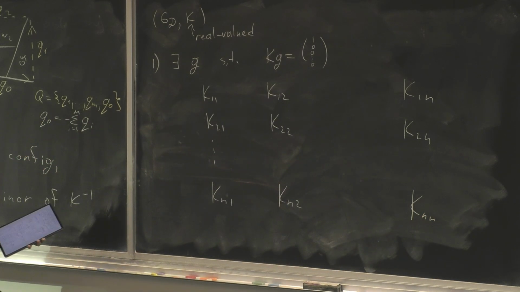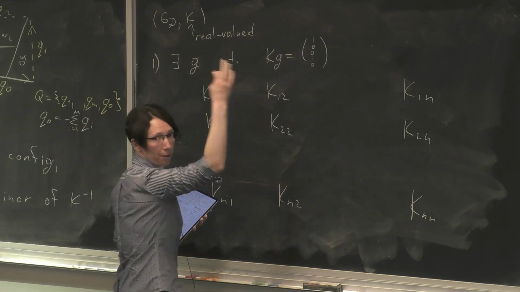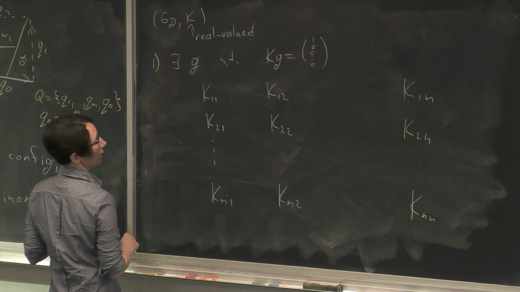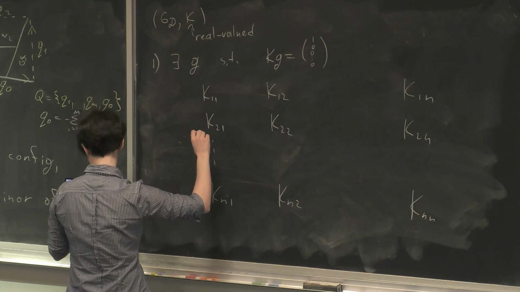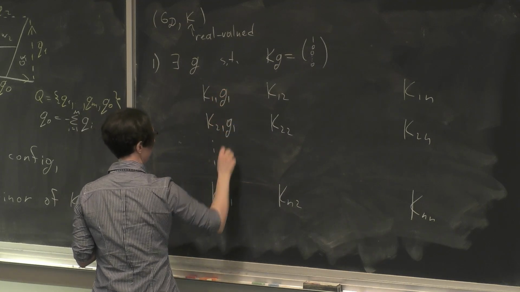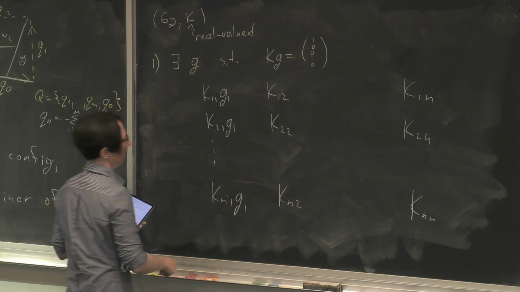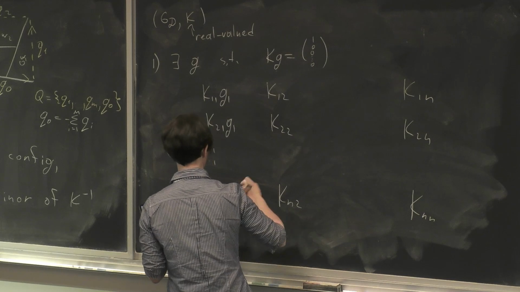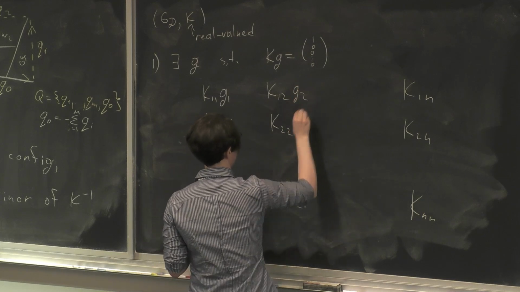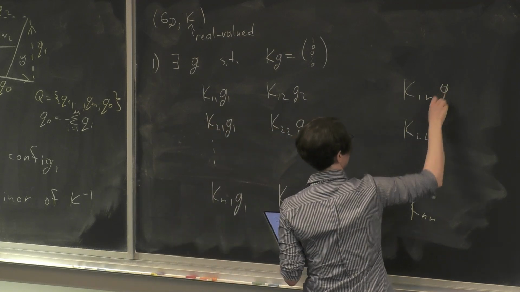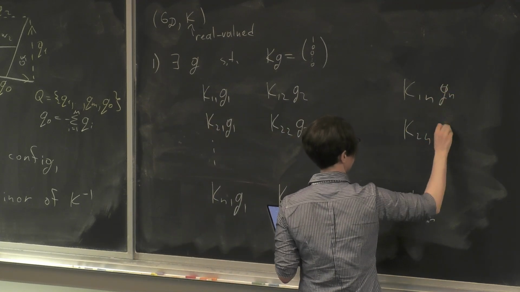Columns correspond to white vertices, and I multiply, I forgot to talk about gauge equivalence, I multiply this whole column by G1, G2, etc., Gn.